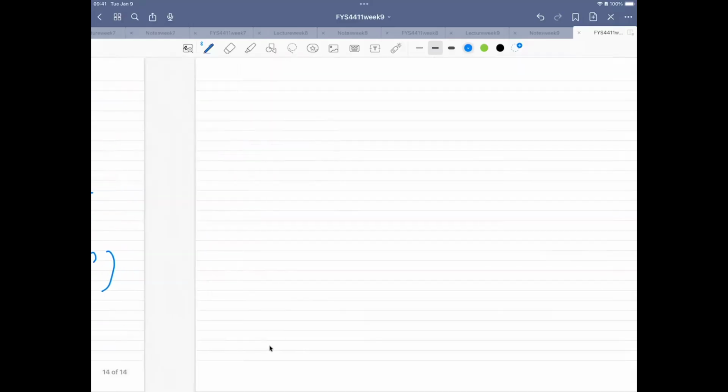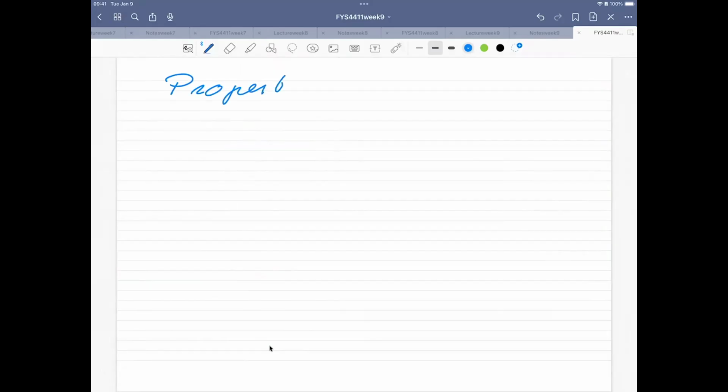So those are the properties of the method. After the break, we are going to look at the derivation of the method and the algorithm for the method.